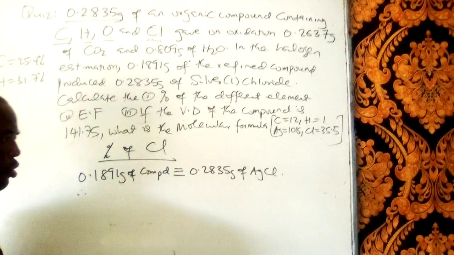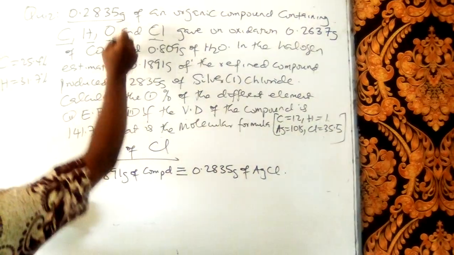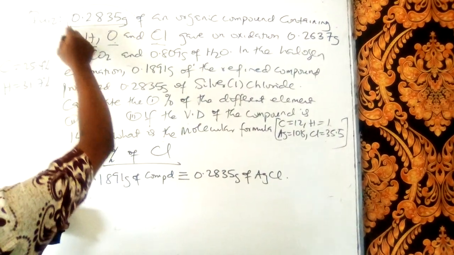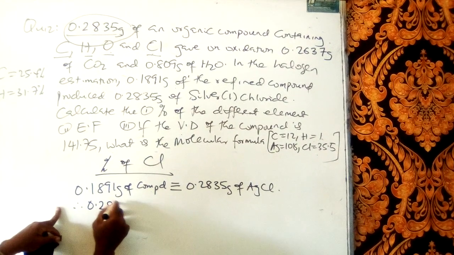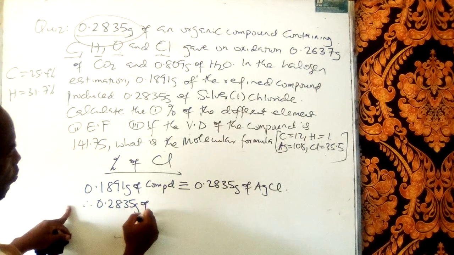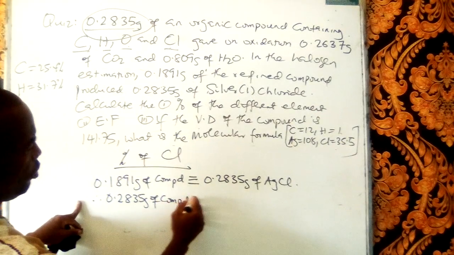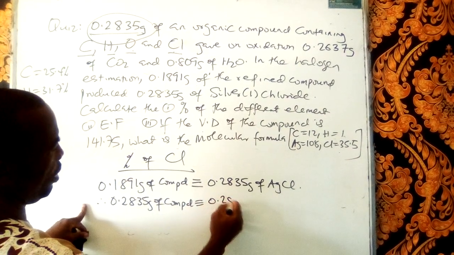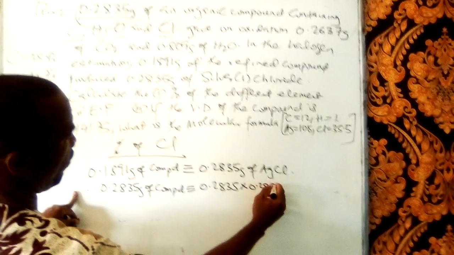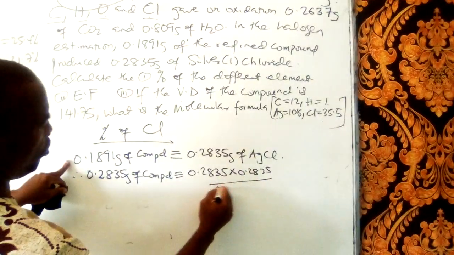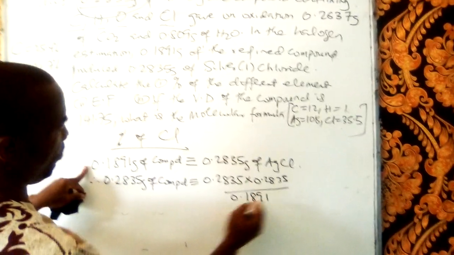Therefore, mind you, the amount of compound that was combusted with this: 0.2835 gram of the compound will then produce 0.2835 multiplied by 0.2835 all over 0.1891 by proportion.